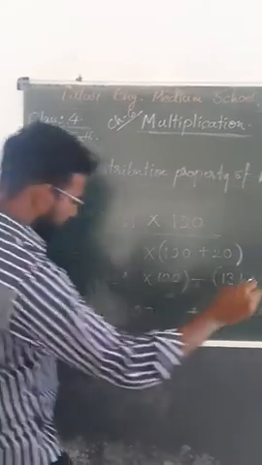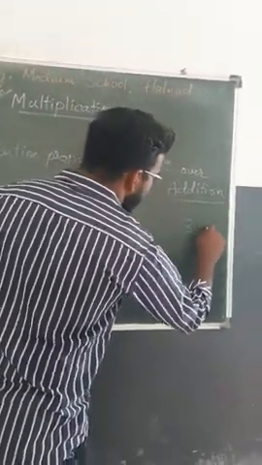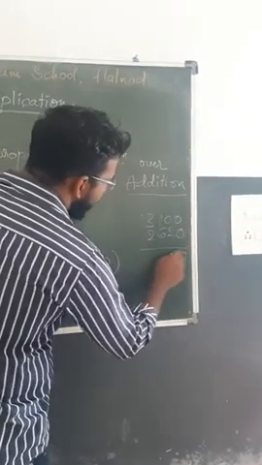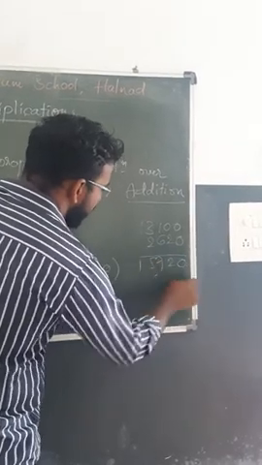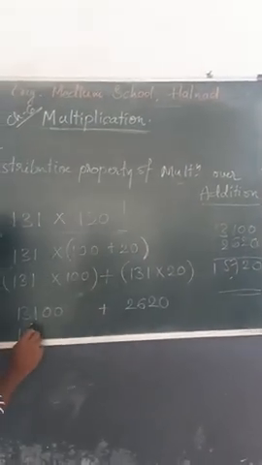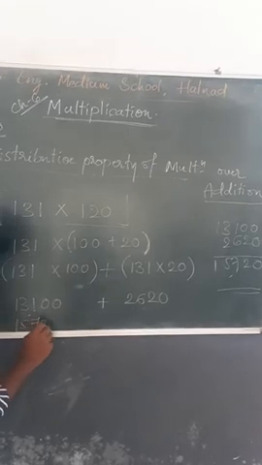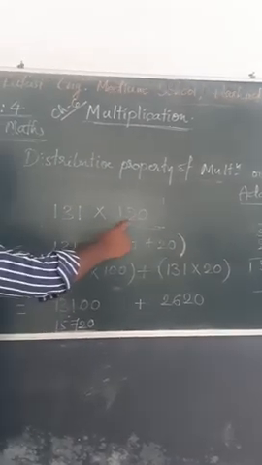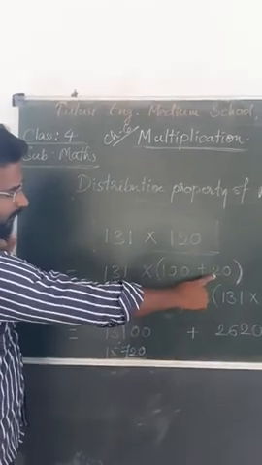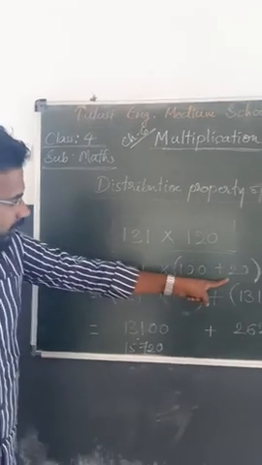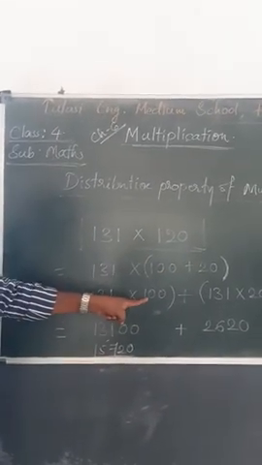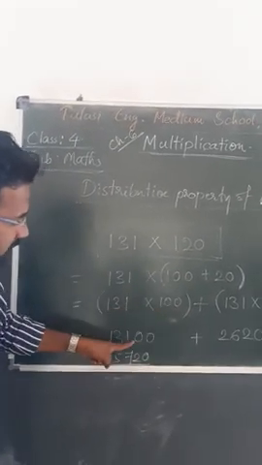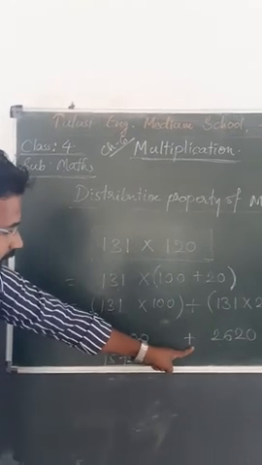When we add these two numbers, 15,720. When we expanded this number, we have to expand one number and multiply the expanded number separately, and we have to find the product, and then we have to add the products.